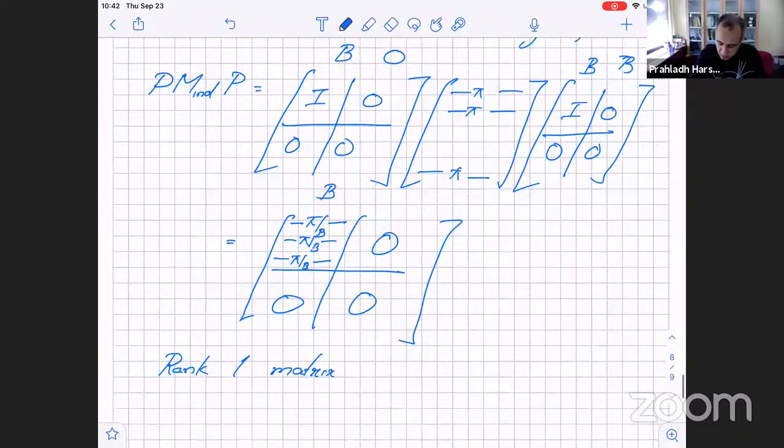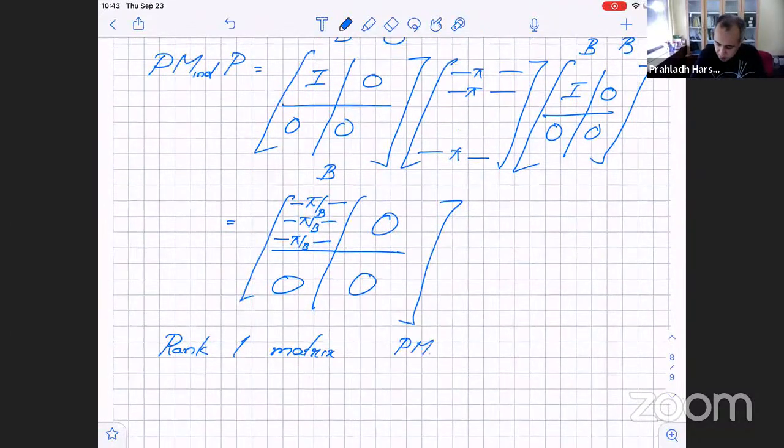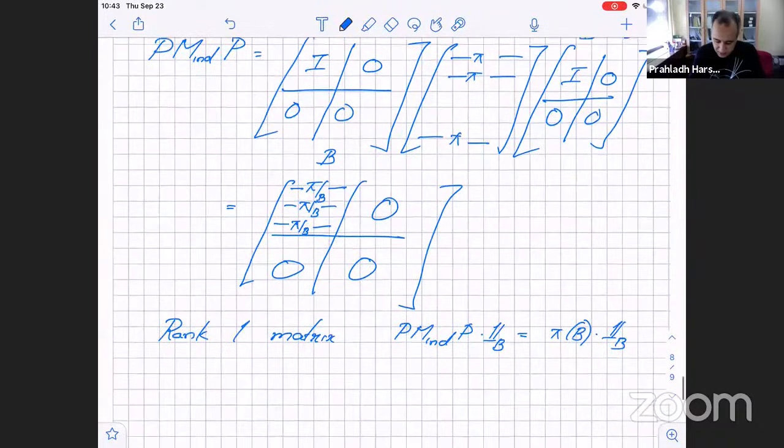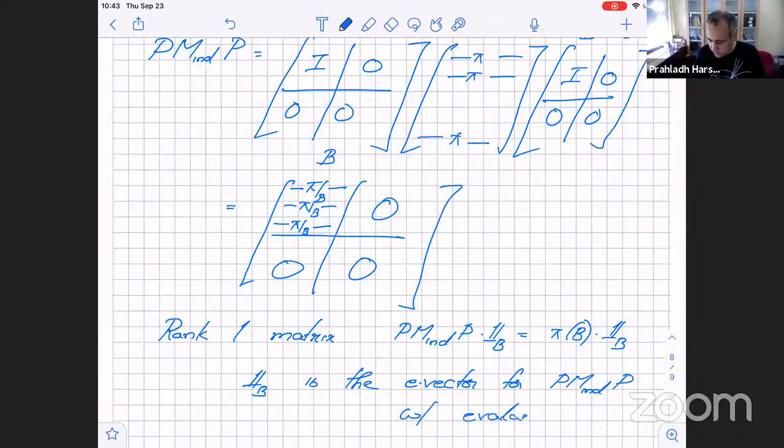And if you stare at this a little more closely, you will notice that P M independent P, applied on 1B, gives you pi of B times 1B again. Therefore, 1B is an eigenvector, possibly not normalized, for P M independent P with eigenvalue pi of B, which was mu.